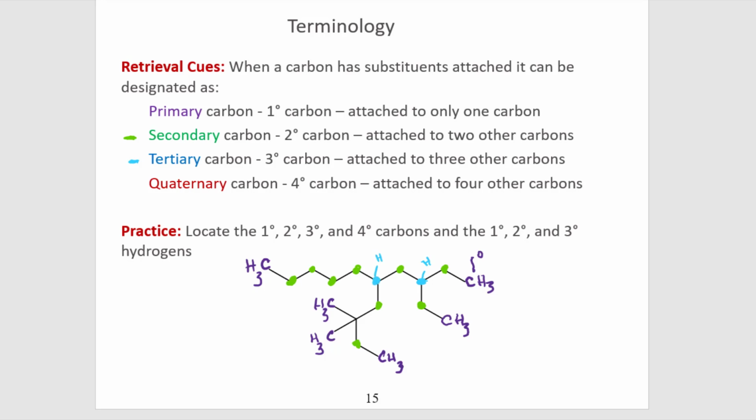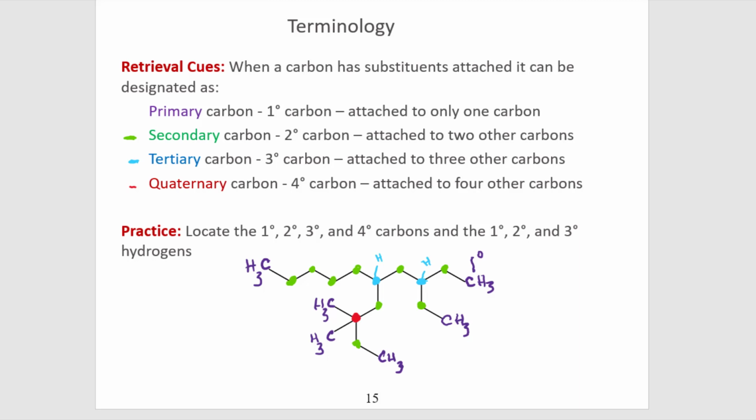It's one hydrogen assumed, and that's it. And lastly, we have quaternary. Quaternary is where the carbon is flanked by all carbons and does not have any hydrogens at all. And you can see there's one quaternary carbon on this molecule. We're going to talk about primary, secondary, and tertiary the most.